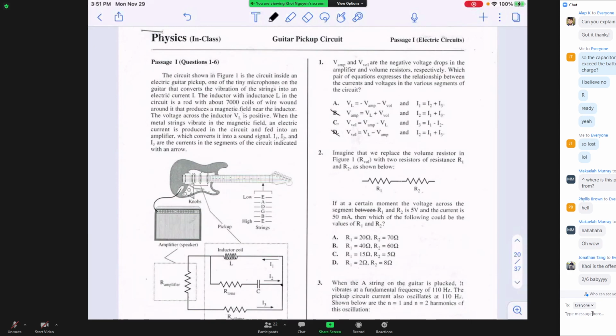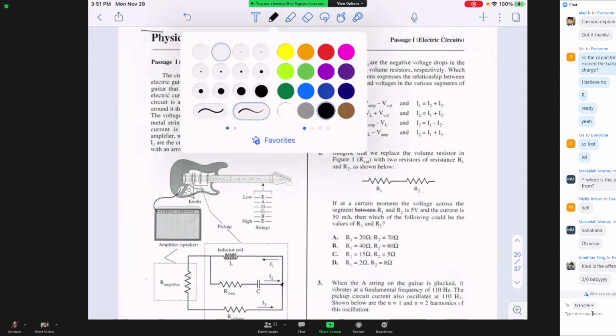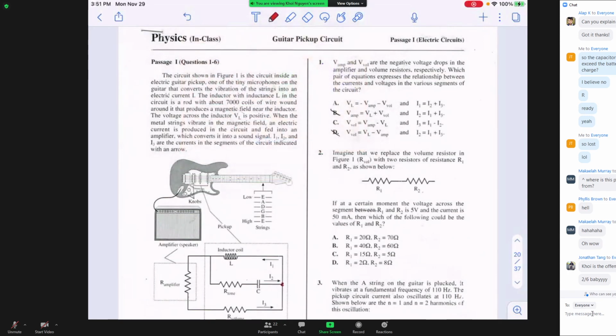And if we look at it, between A and C, which one makes the most sense? You can see that I1 is equal to I2 plus I3. You can see it again from this junction right here. I can do it in red so it's easier for you guys to see what I'm marking up. This junction here, I2 plus I3 equals I1.